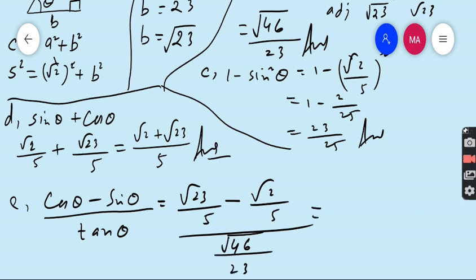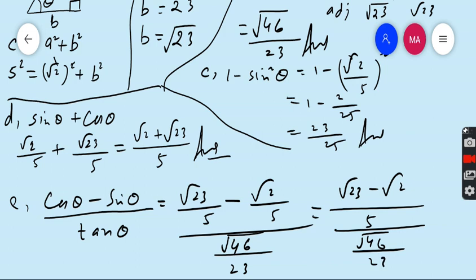Okay, now simplify it. Take LCM 5, root 23 minus root 2, upon root 46 upon 23.